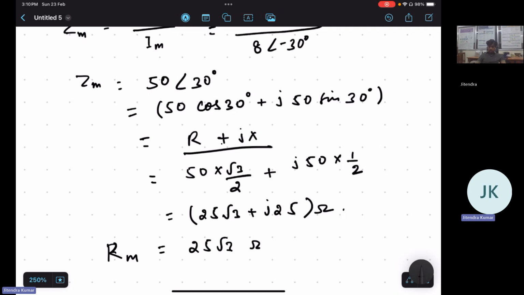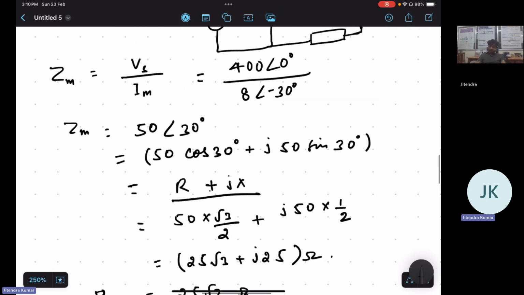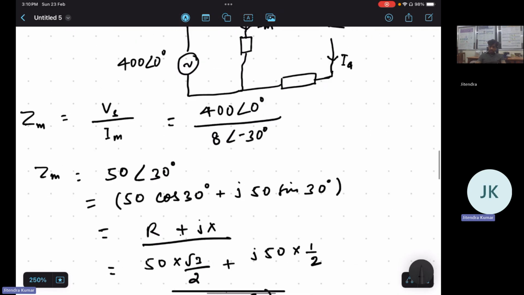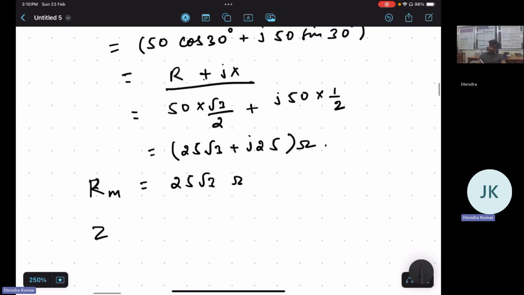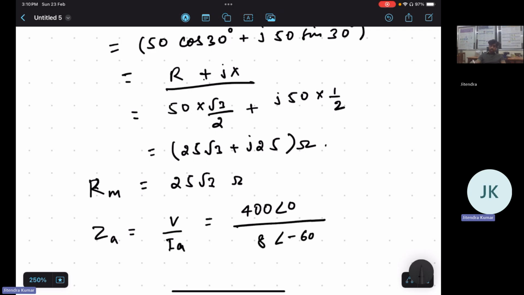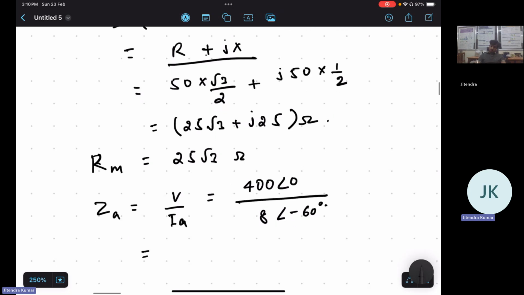Now, since we have calculated for main winding, we have to do the same thing with auxiliary winding. So ZA is again V by IA, and V is here 400 angle 0 divided by IA, which is 8 angle minus 60 degree. Now we get 50 angle minus 60 degree.